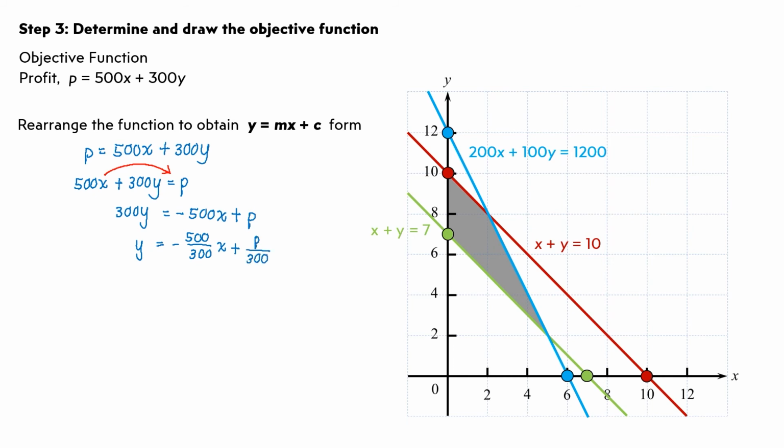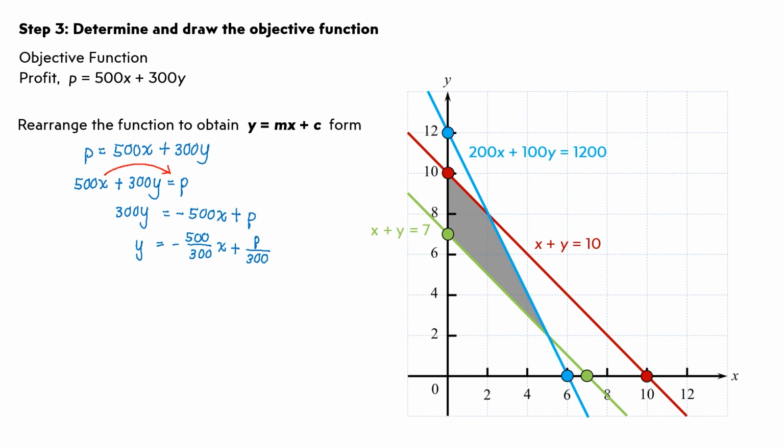So you can see that now here is the form of y equals mx plus c, where m is negative 500 over 300, or I can simplify this. Let's simplify this equation.